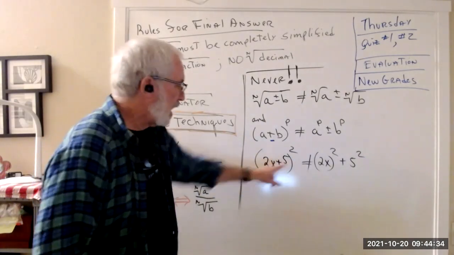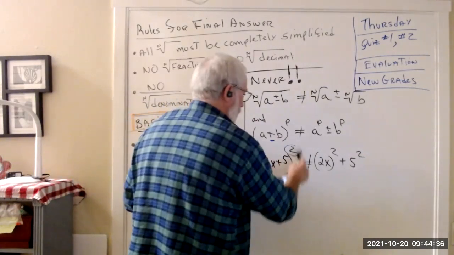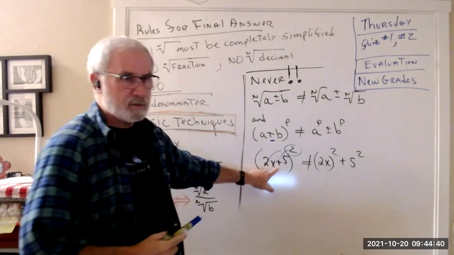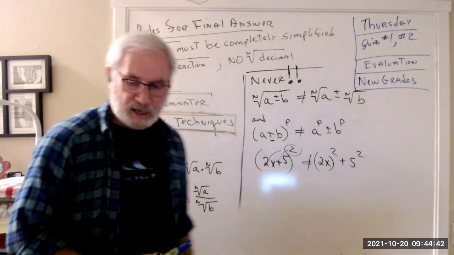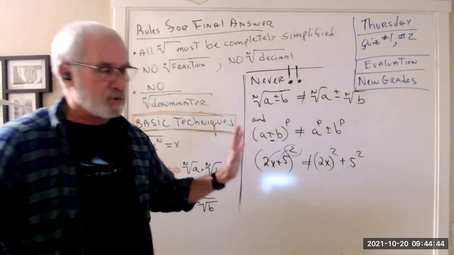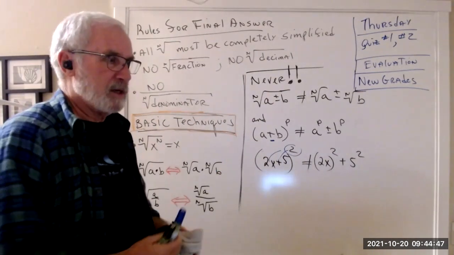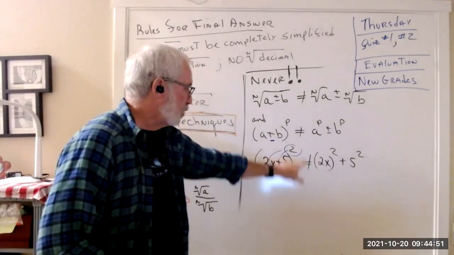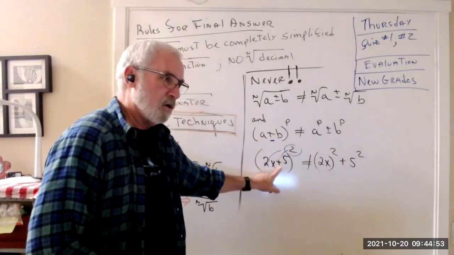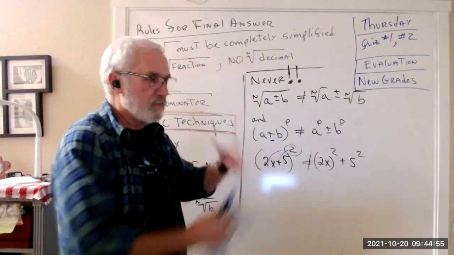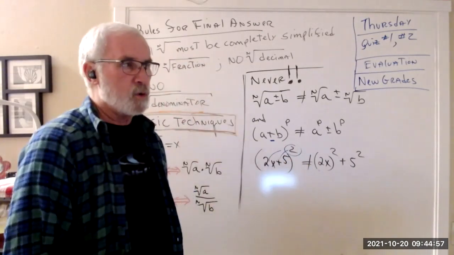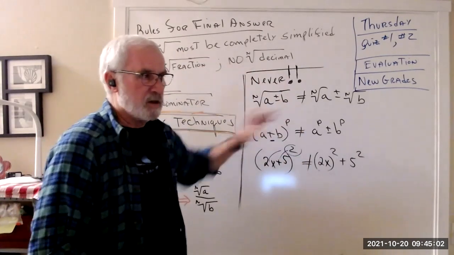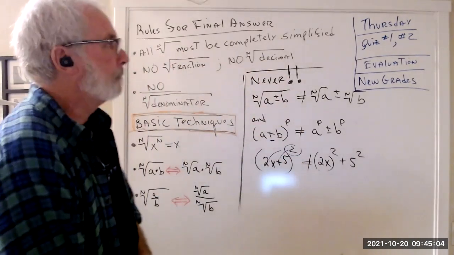But you can't distribute this power into everything if there's a plus or a minus sign there. Again, a great way to get me to stop grading, because if you distribute the power over the plus or minus sign, everything from that point onward is wrong. So be careful. And again, these were listed on that paper I told you guys about.